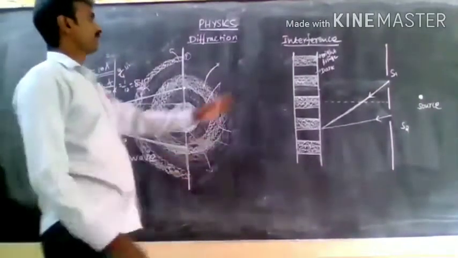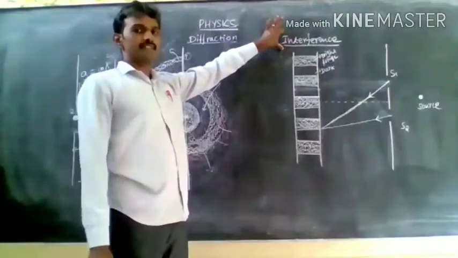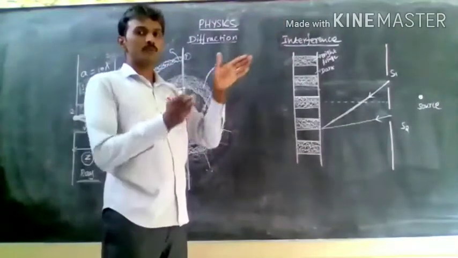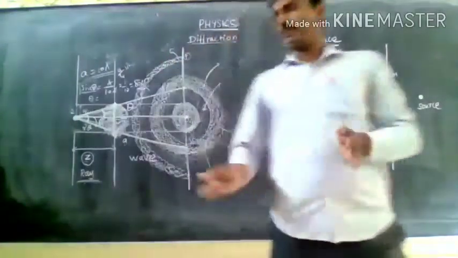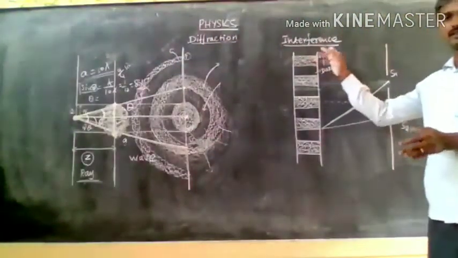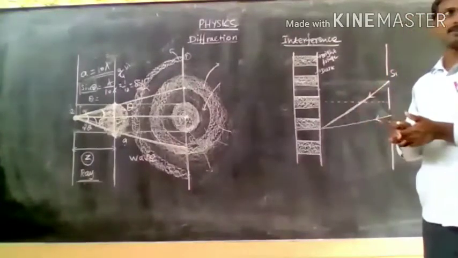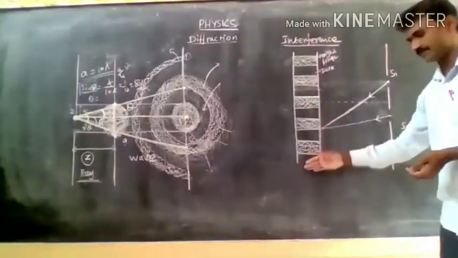Okay, come to the point. Interference fringes take place due to the superposition of two waves. In this interference pattern, the two waves undergo the superposition principle and produce fringes like this.